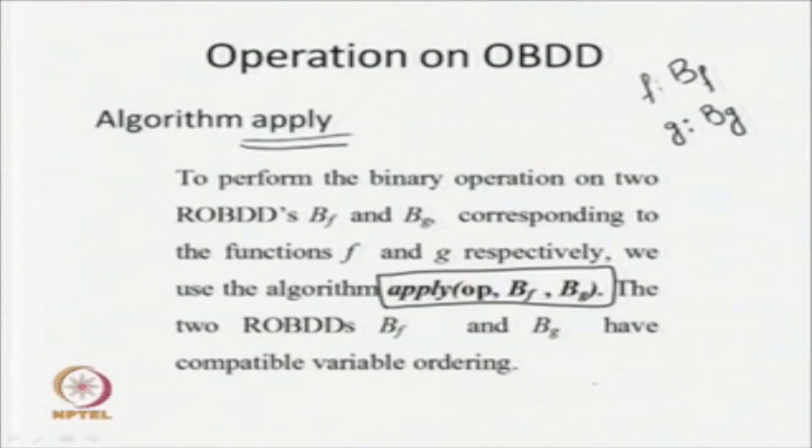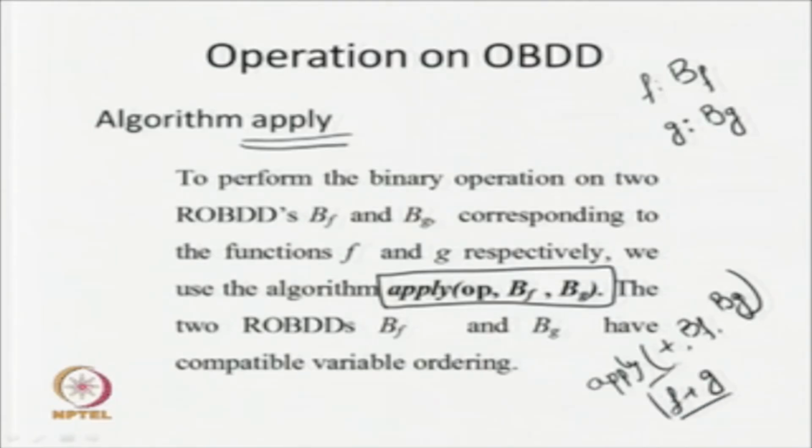Now, if I use this particular function apply with plus, BF, BG, in this case what will happen? We are going to perform the OR operation on Boolean functions f and g, so f plus g, and after that we are going to represent this with our BDDs or ROBDDs.